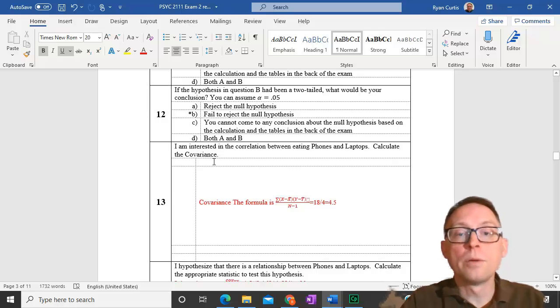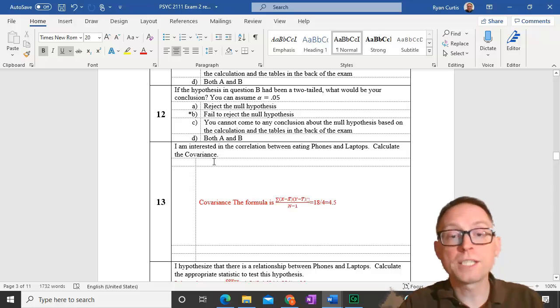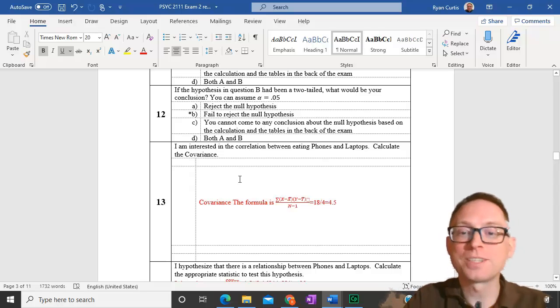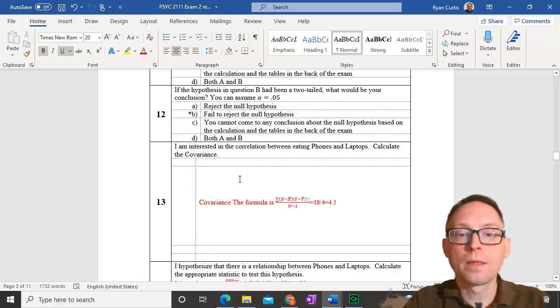Number 13. I'm interested in the correlation between phones and laptops. I'm going to calculate first the covariance. So first I need to calculate the covariance between phones and laptops.